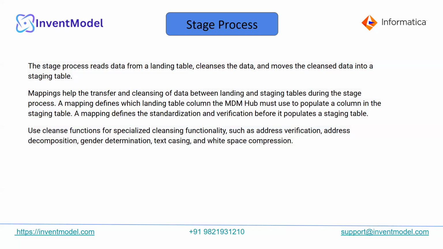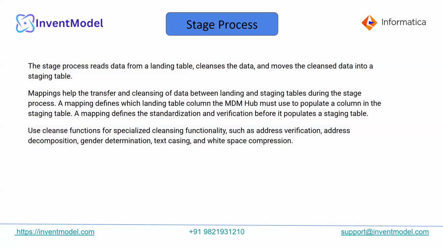So basically, the stage process reads data from the landing table, cleans the data, and moves the cleansed data into a staging table. Here, mapping helps transfer and cleanse data between landing and staging tables during the stage process. A mapping defines which landing table column the MDM hub must use to populate the column in the staging table.